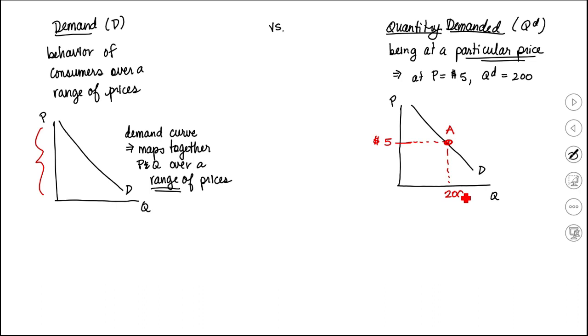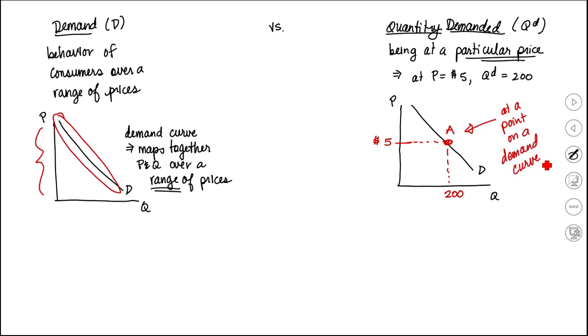All right? So do you see the difference? Demand, we're talking about this whole relationship. We're not talking about a specific price. Whereas quantity demanded, we are talking about a specific price. So does everyone agree that for quantity demanded, we're at a point on a demand curve?